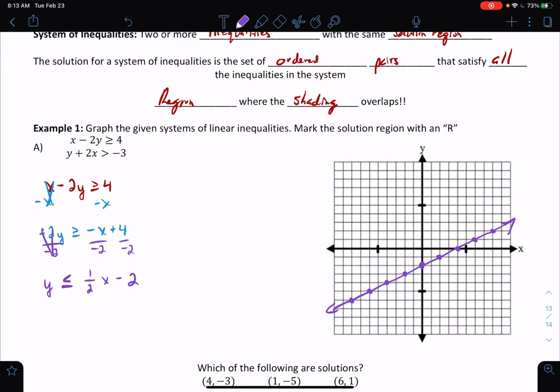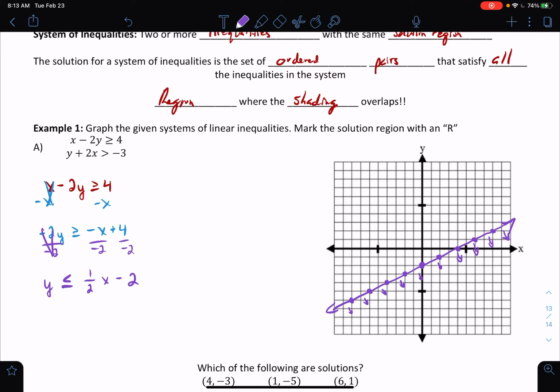And then since it's less than, I shade below. So all I'm going to put right now are these little arrows telling me that I shade below. I don't want to actually start coloring it in, or else my diagram is going to start getting really messy because we got to still graph another line.